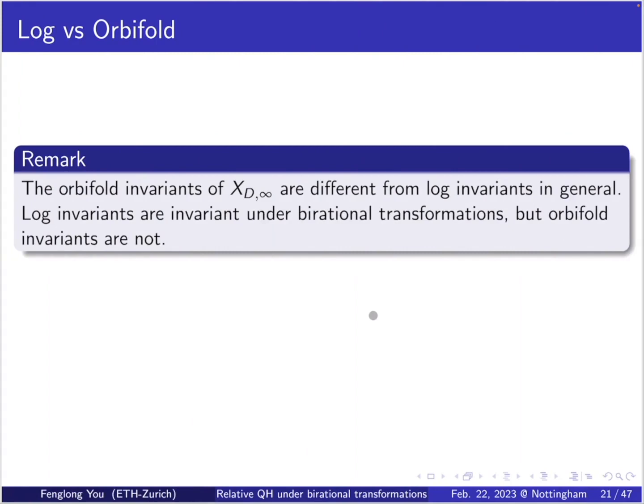So if you know about log Gromov-Witten theory, then log Gromov-Witten theory is another way to define Gromov-Witten theory of simple normal crossing pairs. And in general, this orbifold definition that we just talked about is different from the definition of log Gromov-Witten invariants. The major difference is that log Gromov-Witten invariants are invariant under birational transformations, but these orbifold invariants that we just defined are not invariant under birational transformation.